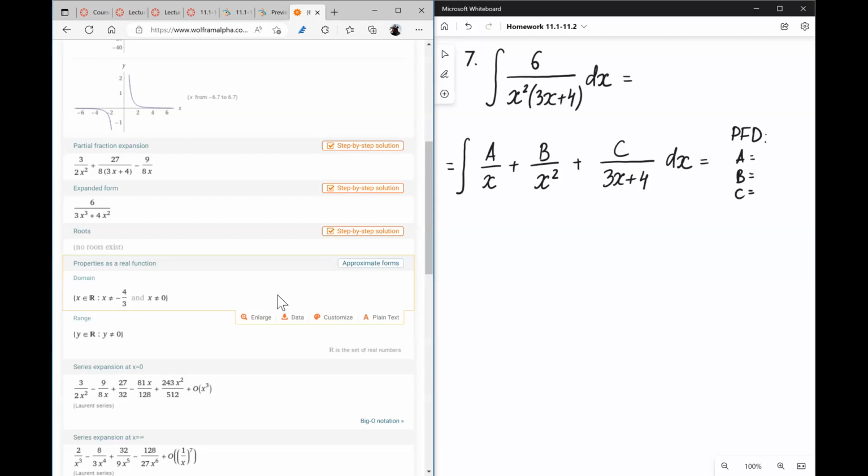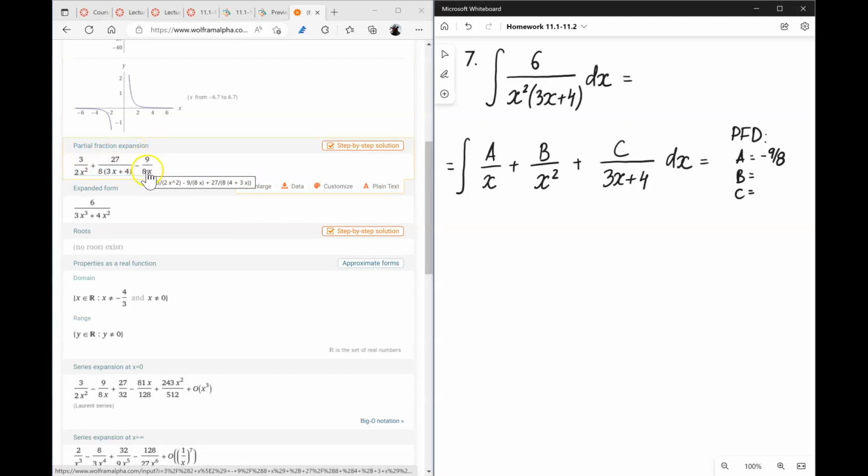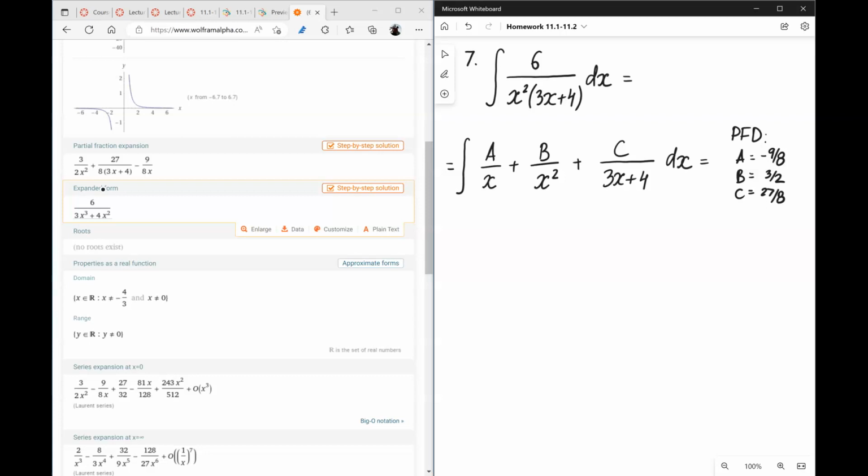So A is -9/8. I'm reading it from over here. So this is what A should be set equal to fit this pattern. B is 3/2, and C is 27/8.